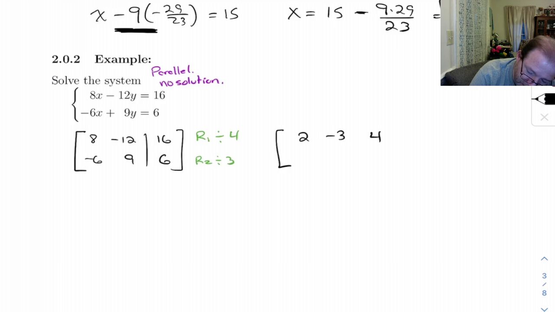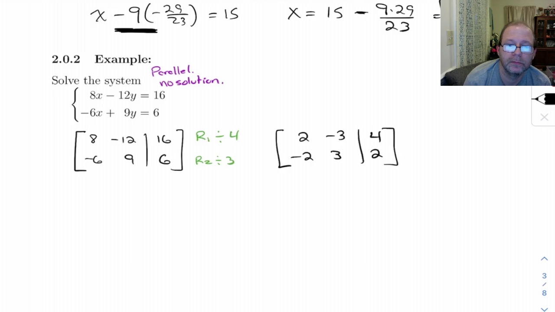And on bottom, it's going to give me -2, 3, 2. So my next row operation, in order to get a 0 here, I want to do row 2 plus row 1.